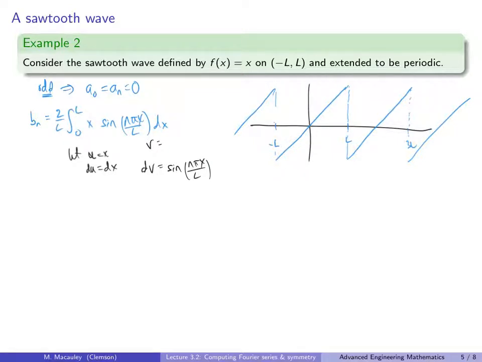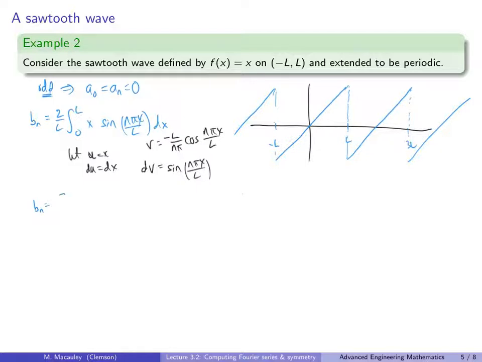Oops, let's be careful here. So we're going to divide. So we're going to say L over n pi times cosine of n pi x over L. And do I need a negative sign here? Yes, I do.